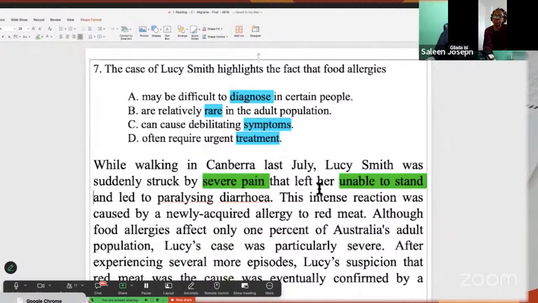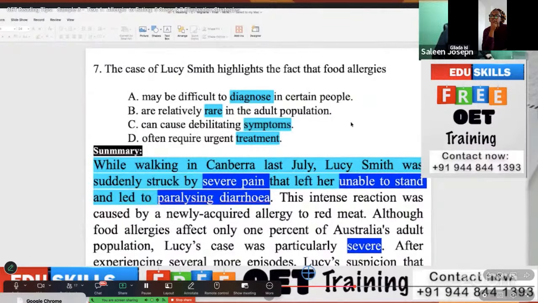I've taken this as the summary which I made. And led to paralyzing diarrhea. These are the symptoms, right? We have already done that comparing in the earlier stages, so we don't go into details, and C is the answer. The symptoms you already have. Hope that is clear. This is how it goes, right?